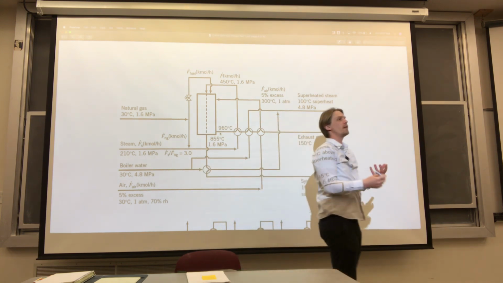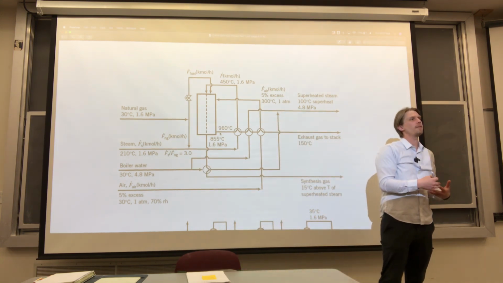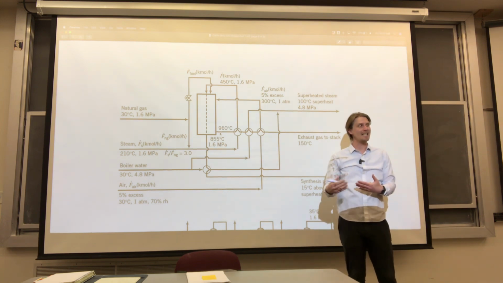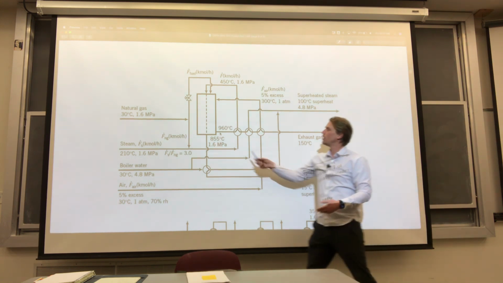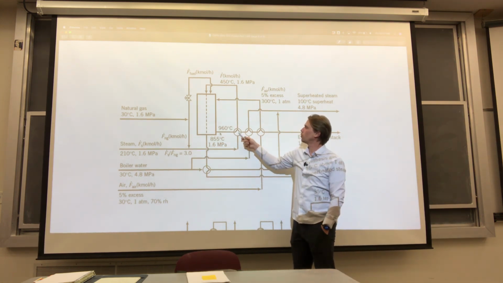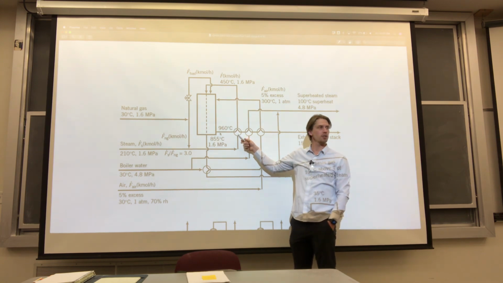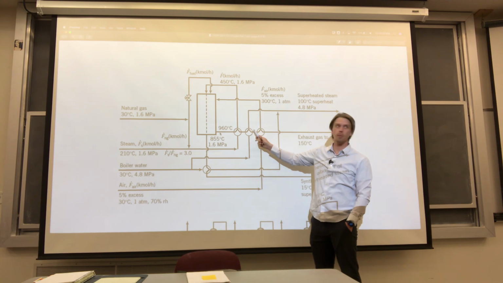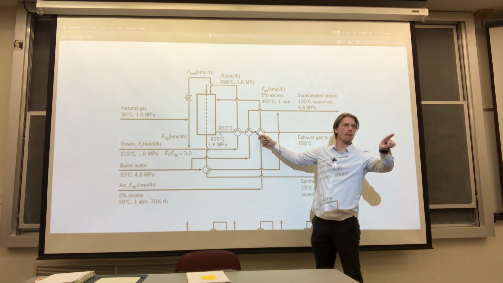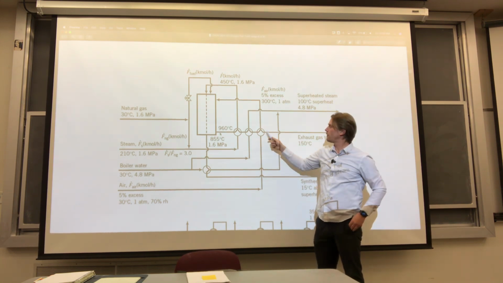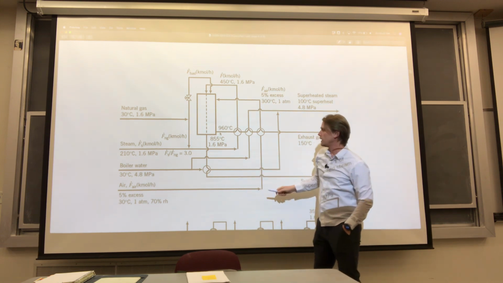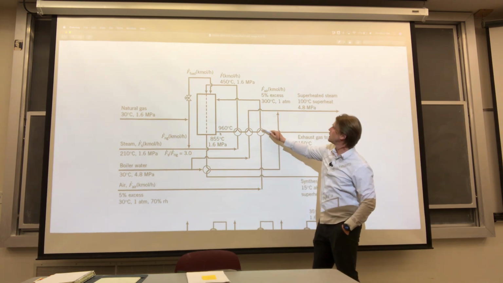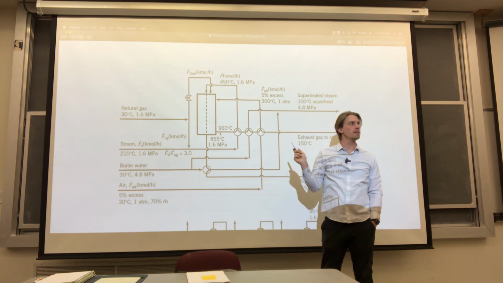So before you even get it to the reactor conditions, you would have to spend a lot of energy to heat it up in the first place. So one stream here preheats this mixture. The next stream generates the boiler water. This is the number I'm asking you to solve for. The final stream preheats the air to get it to 300 degrees C.